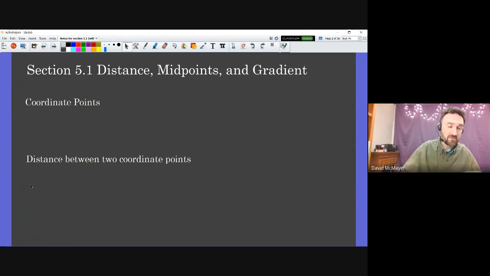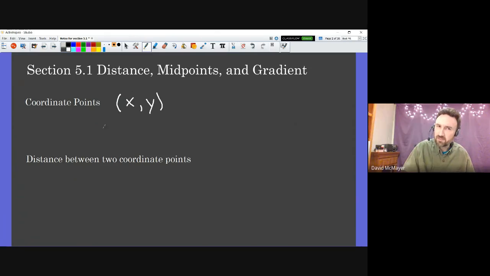For our first part, if we're going to talk about coordinate geometry, we have to define what a coordinate means. Try and make sure everybody understands this. Most of the time, a pair of numbers in brackets separated by a comma is a coordinate point.